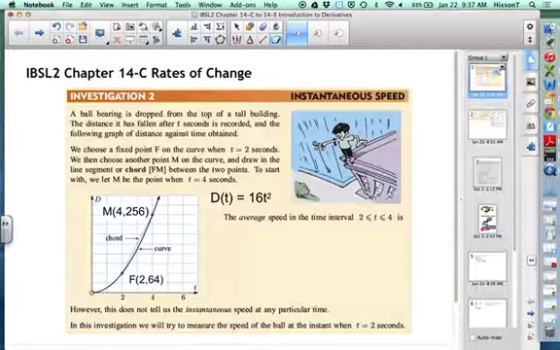We picked M where time was 4. Okay, and I gave you the function here, d of t is 16t squared. So the distance traveled at time t is going to be 16 times t squared.